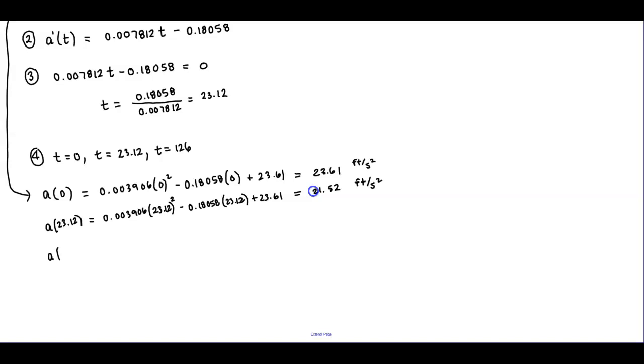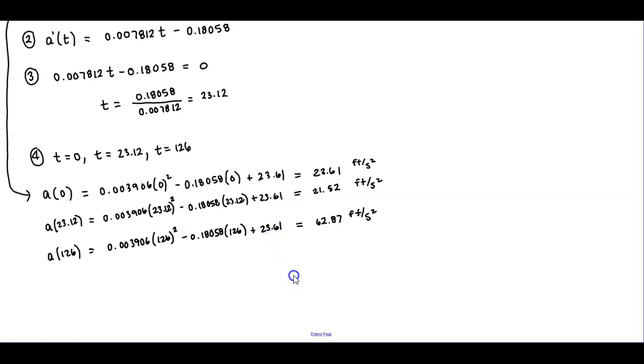And if we plug in a of 126, well, that is 0.003906 times 126 squared minus 0.18058 times 126 plus 23.61. Rounding to two decimal places is 62.87 feet per second squared.